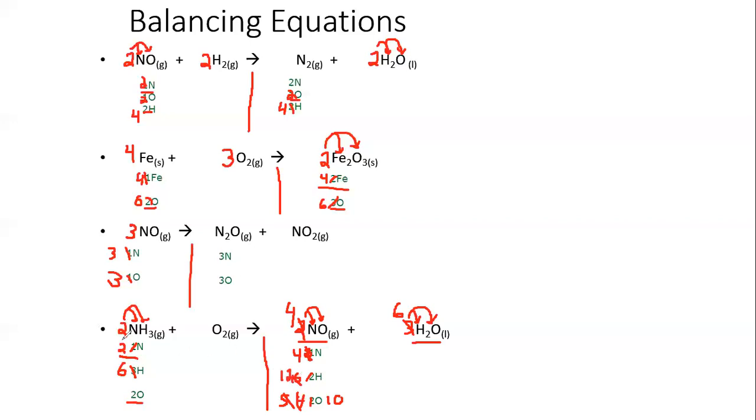because you see here we have 2 nitrogen and 6 hydrogen, so we just double this one as well. We get 4 nitrogen and 12 hydrogen. Again, we're doing this because originally we had 5 oxygen and 2 oxygen, and there's no way you can take 2 and multiply it by a whole number to get 5.